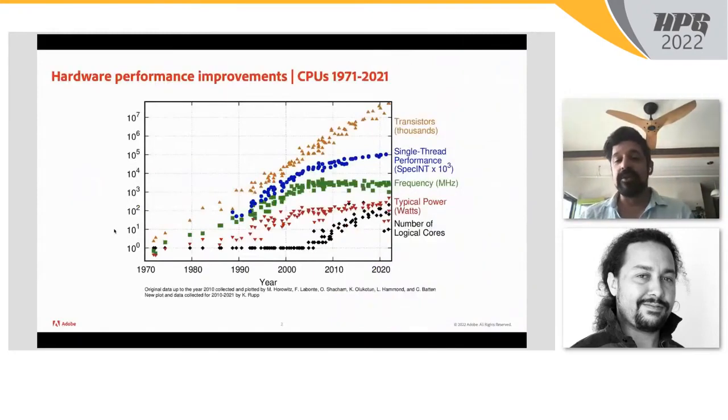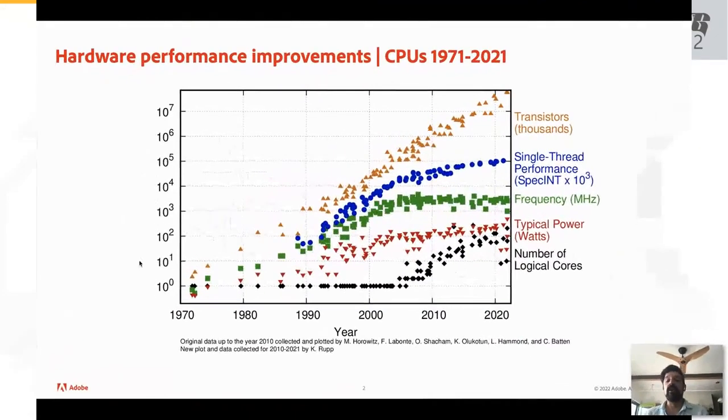So to begin with, I'm sure you have all seen this or similar charts. If we look at hardware performance improvements for CPUs in the past 50 years, we can see that the single-threaded performance, which is in blue, has been increasing, but has started to level off. And instead, what hardware manufacturers have begun doing is increasing the number of logical cores.